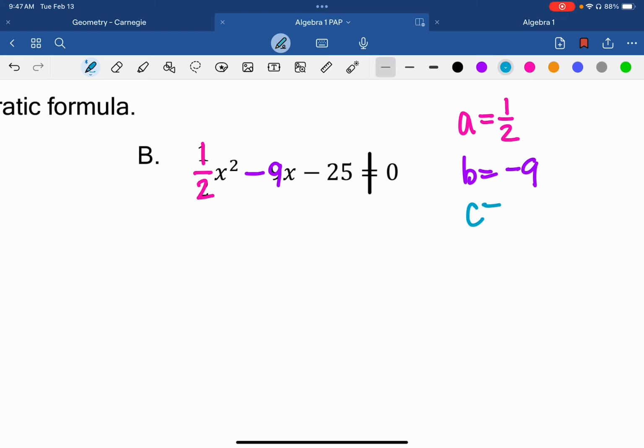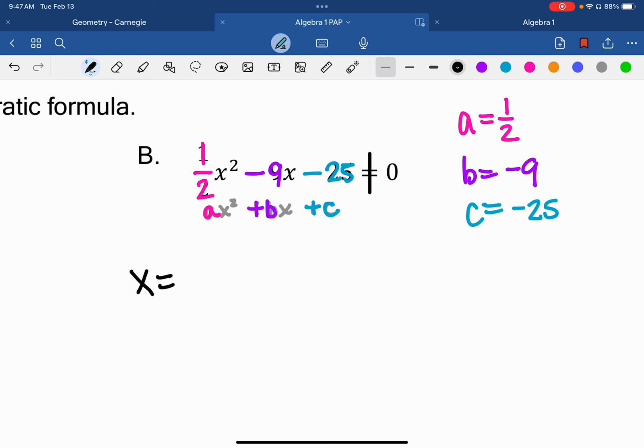And C is going to be the negative 25. And remember, I just got that from the standard form of my quadratic, which is this right here. A is always the number in front of x squared, B is always the value in front of x, and C is always the constant at the end.